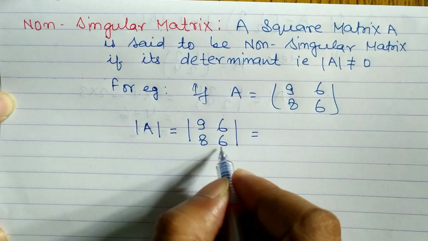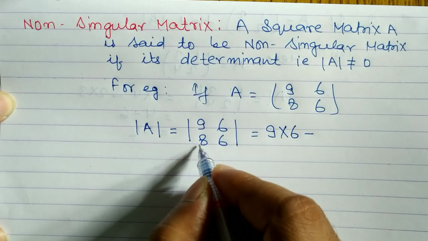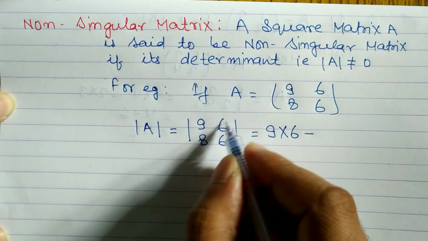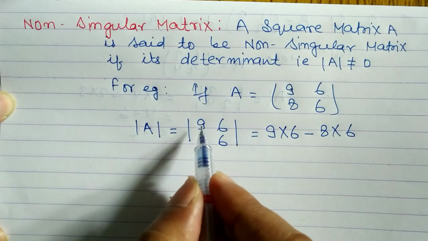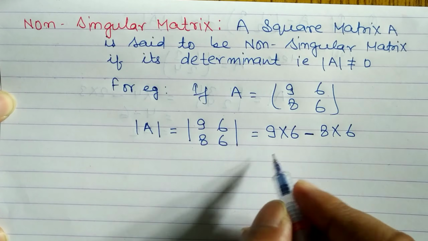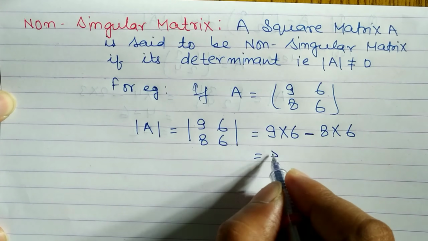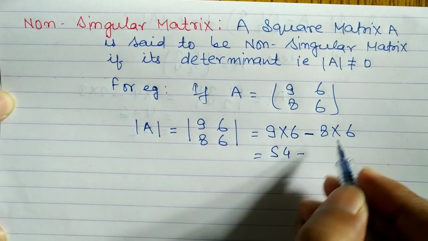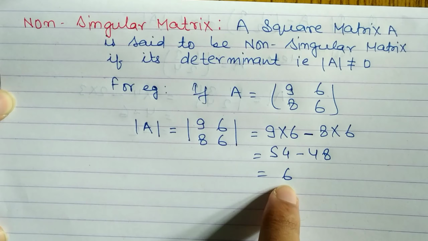Now multiply the main diagonal, 9 into 6, minus the non-diagonal, 8 into 6. First 9 into 6, the main diagonal, minus, from the formula, the non-diagonal. Now multiply: 6 9s are 54, minus 8 into 6, 48, is equal to 6, which is not equal to 0.